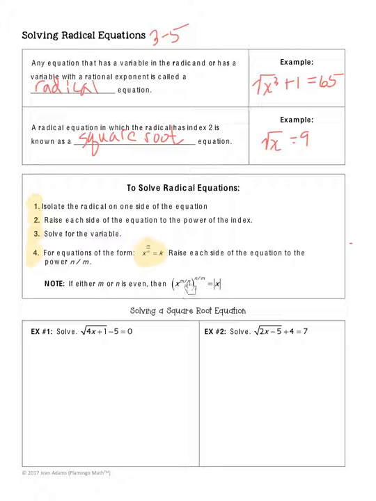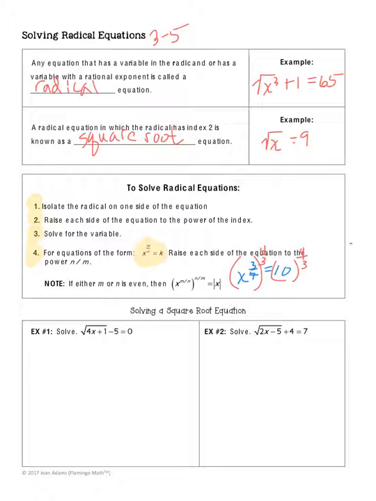So if you had x to the 3/4 is equal to 10, you would want to raise each side to the reciprocal of 3/4, which would be 4/3. Then you would be able to get rid of this fractional exponent because the 3's and the 4's cancel. 3/4 times 4/3 is 1.